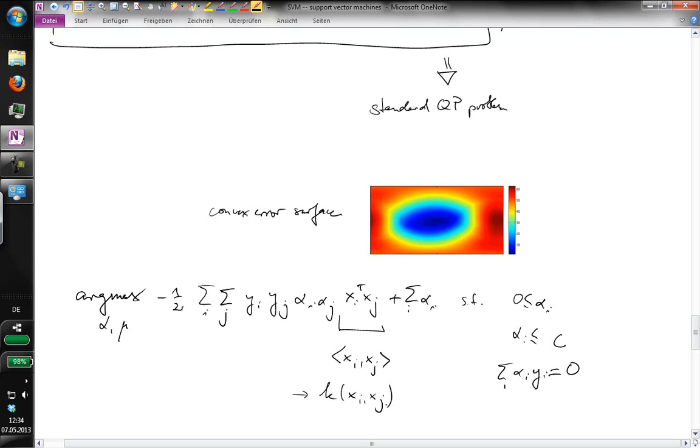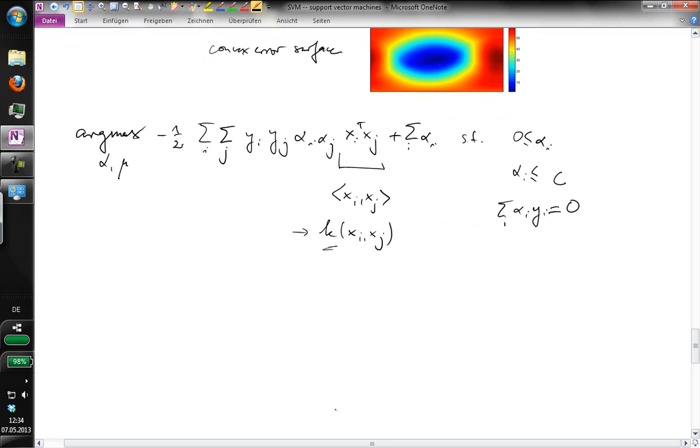And there's a big choice of what this could be. The only condition is that the resulting matrix, if I write this kernel matrix down between each training observation and any other, the resulting kernel or Gram matrix has to be positive semi-definite. That's the only requirement. That still leaves you a large choice of what these functions can look like.